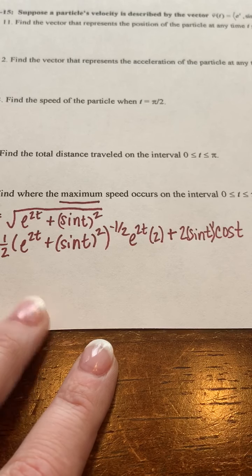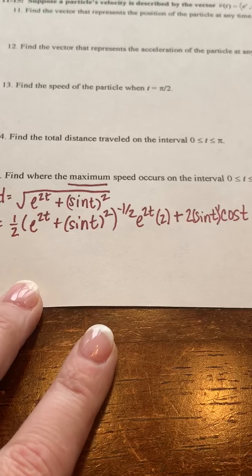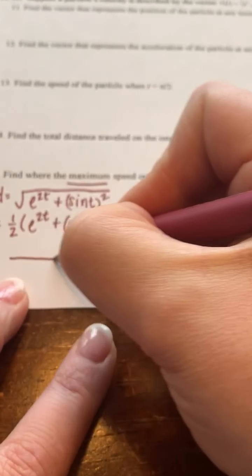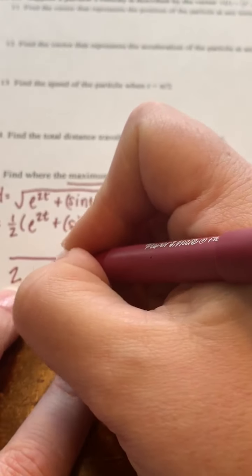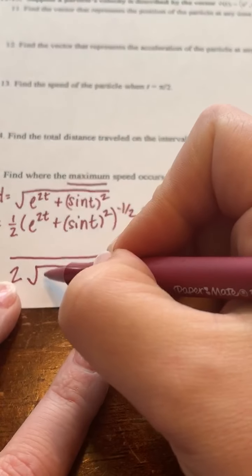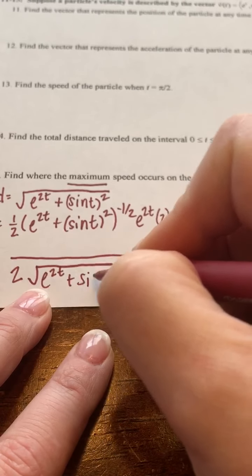Now I'm going to rewrite this by putting what needs to be in the bottom and what needs to be in the top. In the bottom I have a 2 and this radical, the square root of e^(2t) plus sine squared of t.